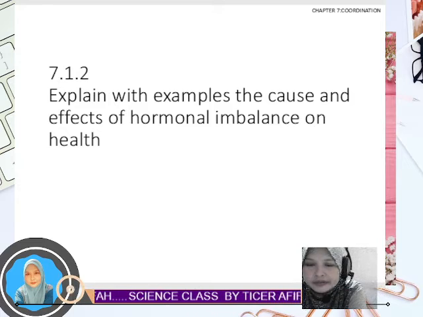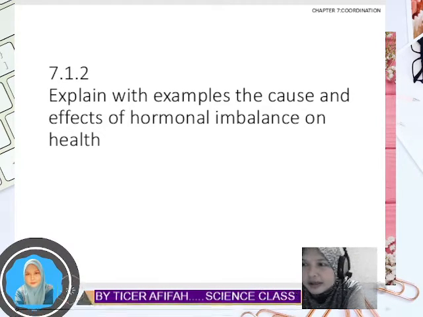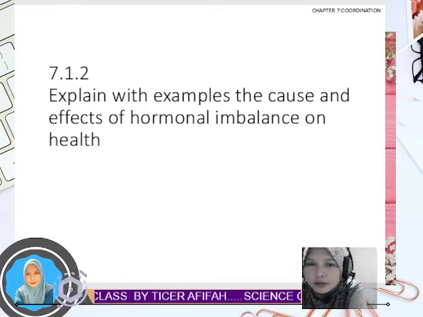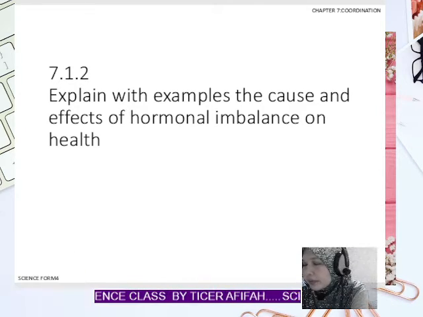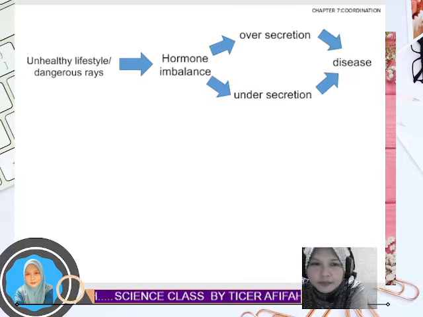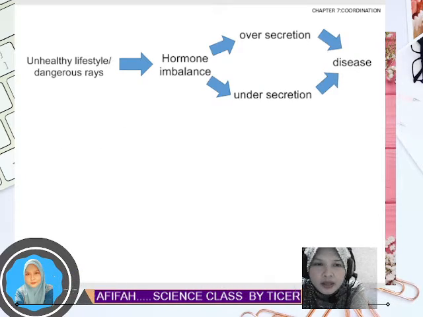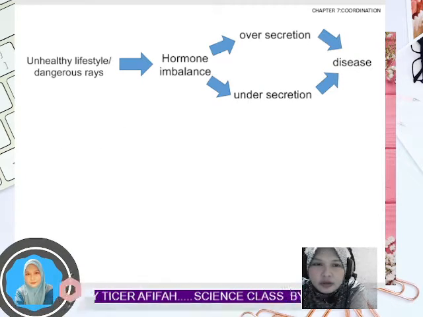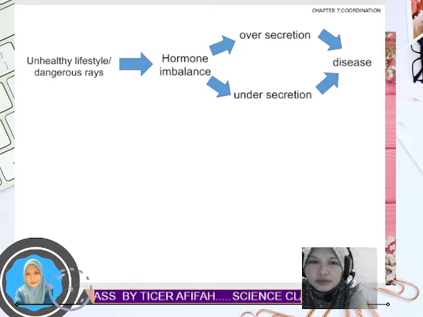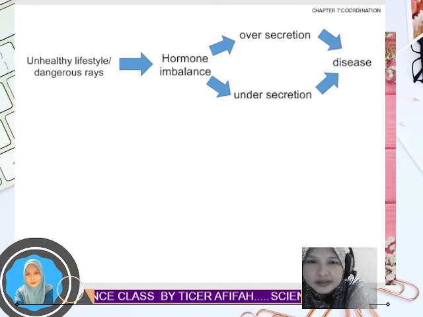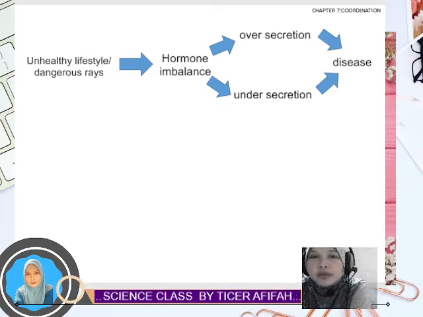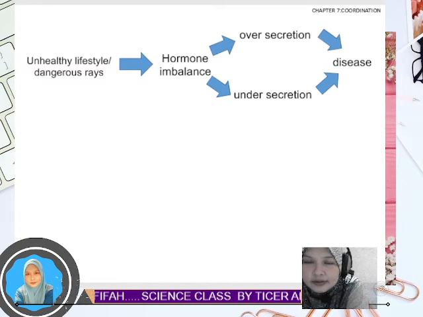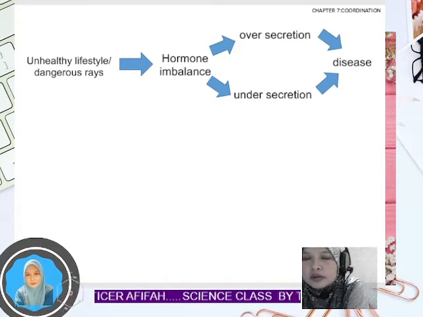Okay, what happens if our body produces less hormone or excess hormone? It will cause hormonal imbalance to the health. Unhealthy lifestyle or exposure to dangerous chemicals will lead to hormone imbalance, so the hormone will be secreted excessively or less.